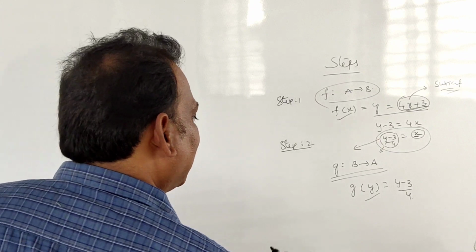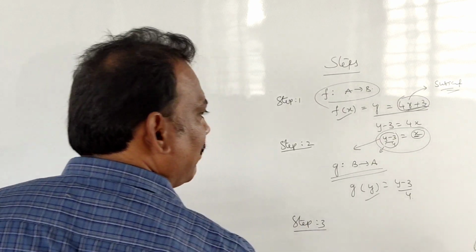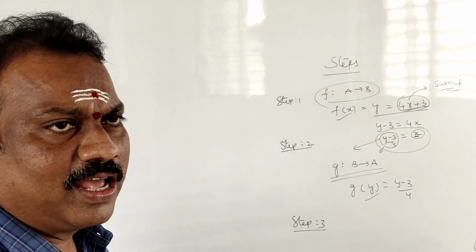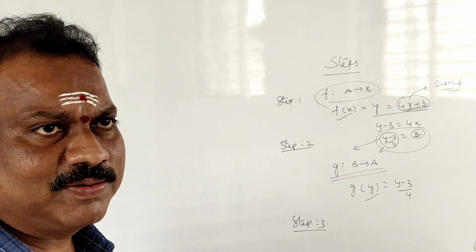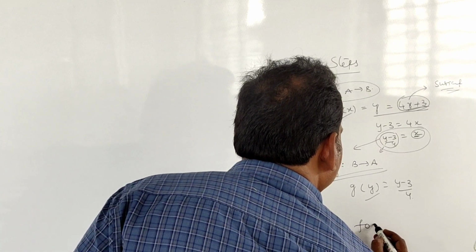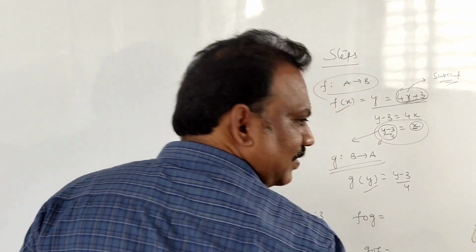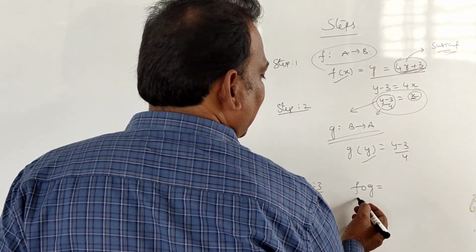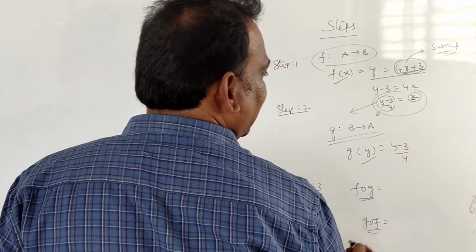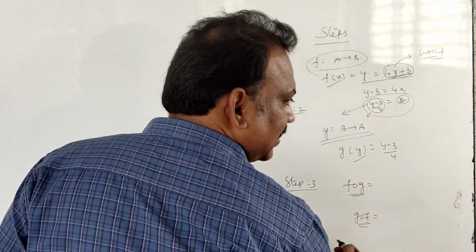After that, what is step 3? You know that f, a mapping from A to B, is said to be invertible if there exists another function g mapping from B to A such that f circle g and g circle f are identities. Step 3, you have to calculate f circle g and g circle f. You know f, g. You can calculate f circle g and g circle f.